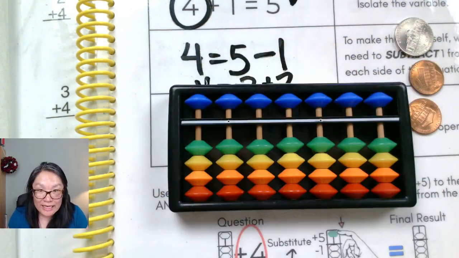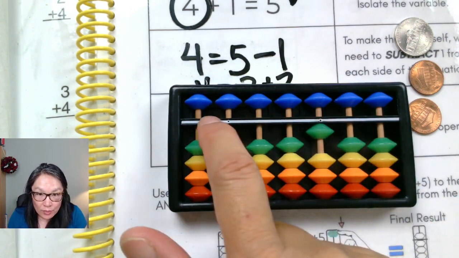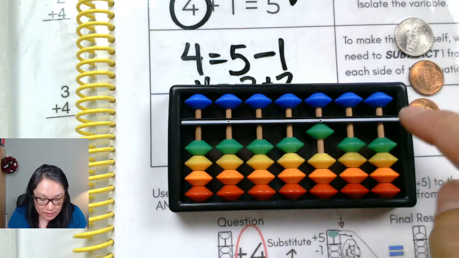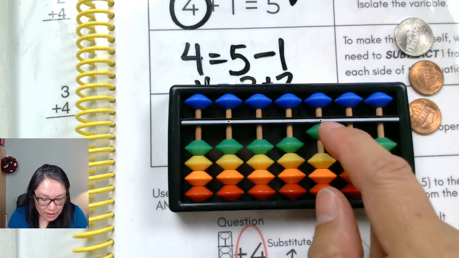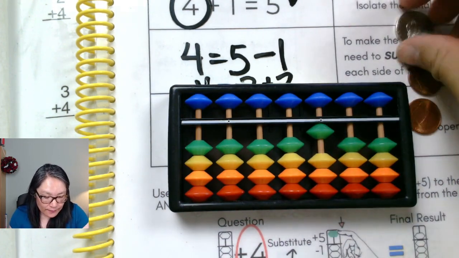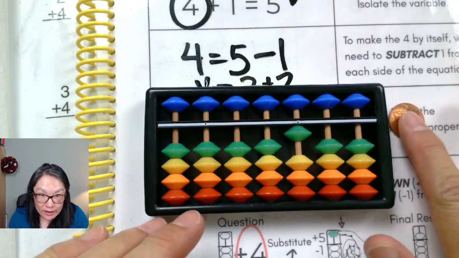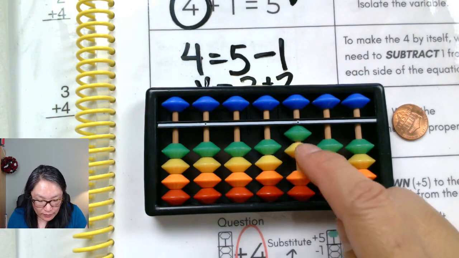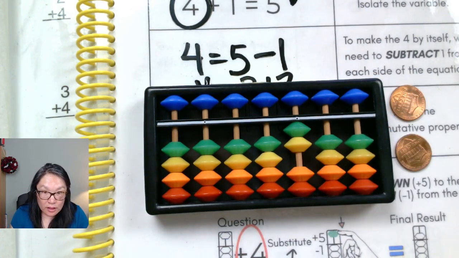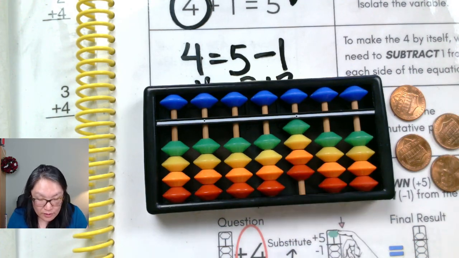What we're going to do is we're going to count on the abacus. Whatever bead touches this horizontal bar, this reckoning bar, this beam, is going to be counted. So this number is 1. Does that make sense? When we have 1, just like how I have 1 penny right here. We have 1, and then we have 2. That's what 2 is. And then we have 3, and then we have 4, and that's what 4 is.